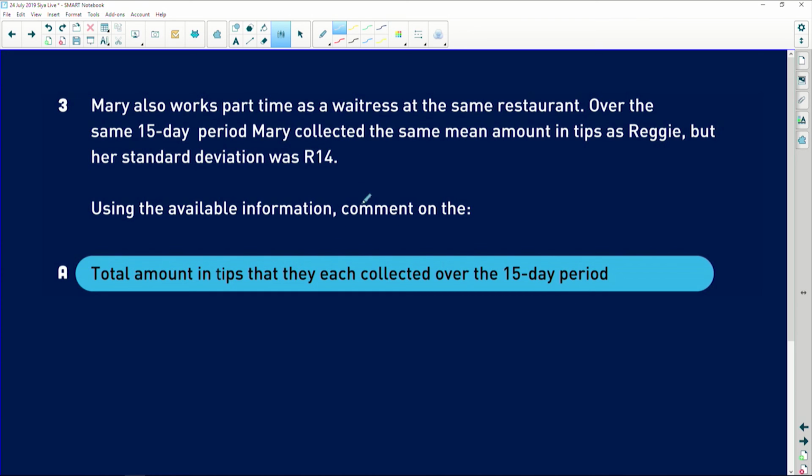What is happening here, guys, is that the mean is the same, that's one thing for sure. What differs is the standard deviation. If the standard deviation is decreased, it means that the variation of the numbers is small. So she collected the same tips, but not the same amount.